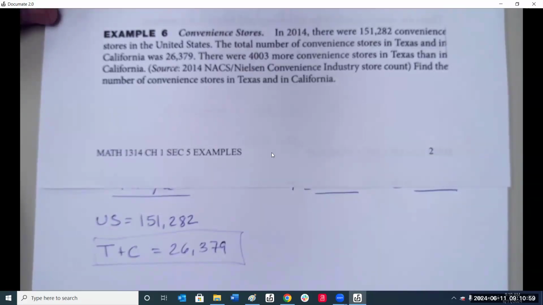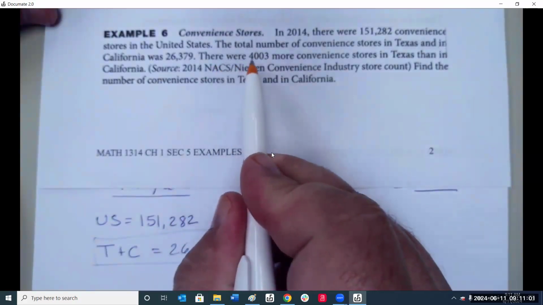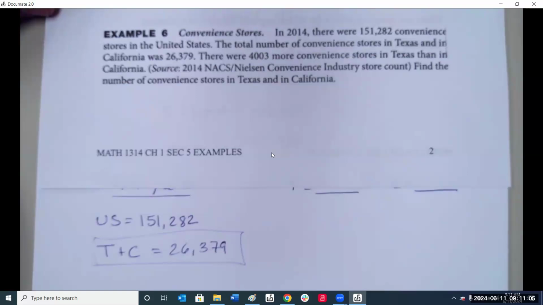So how do we write this information? There were 4,003 more stores in Texas than in California. No, because if you use greater than or less than, then it's not one set number.